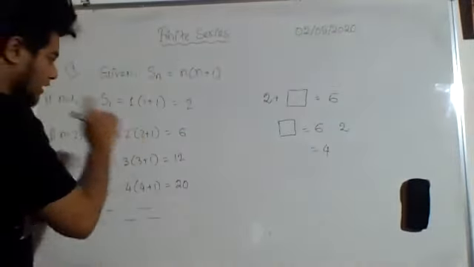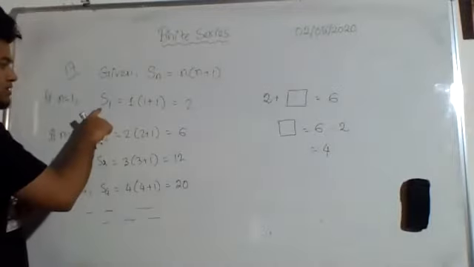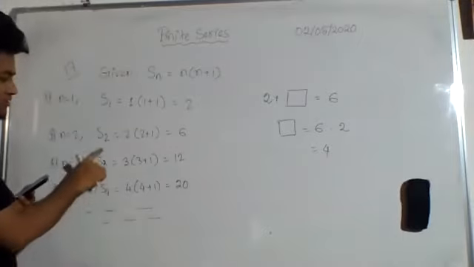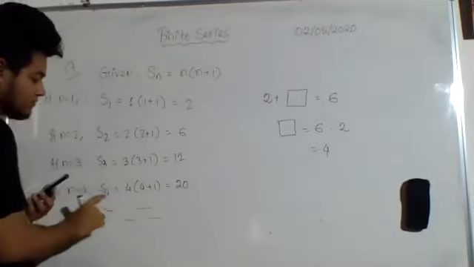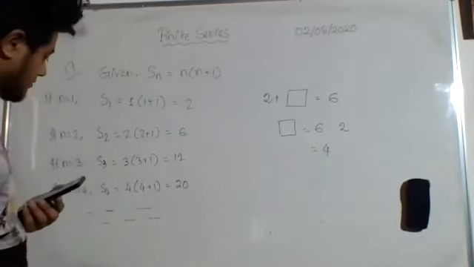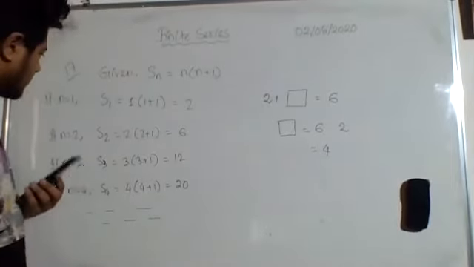So how did I find it? S2 minus S1 gives me the second term. Likewise, S3 minus S2 will give me the third term, and S4 minus S3 will give me the fourth term.